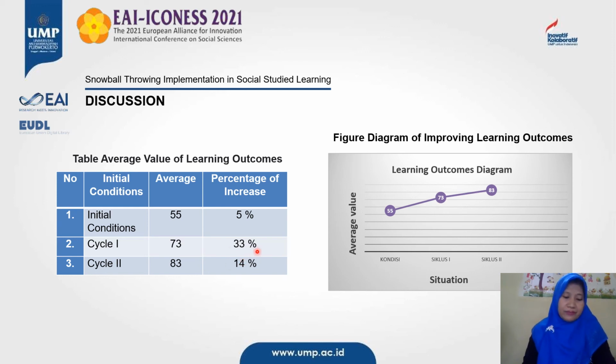More detailed step-by-step improvement can be seen in the graph of the average value of the following learning outcomes. Thus, it can be concluded that the snowball throwing method is proven to improve student learning outcomes for social studies subjects.